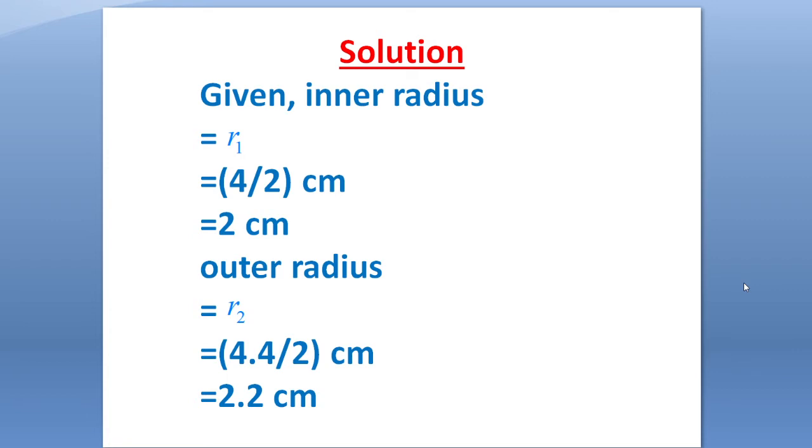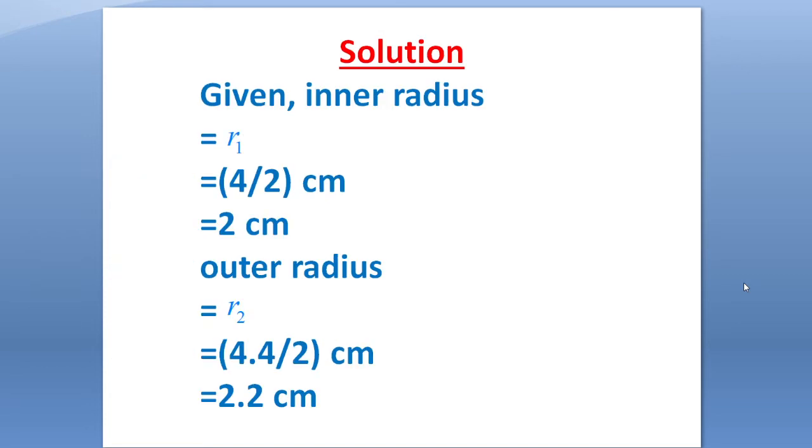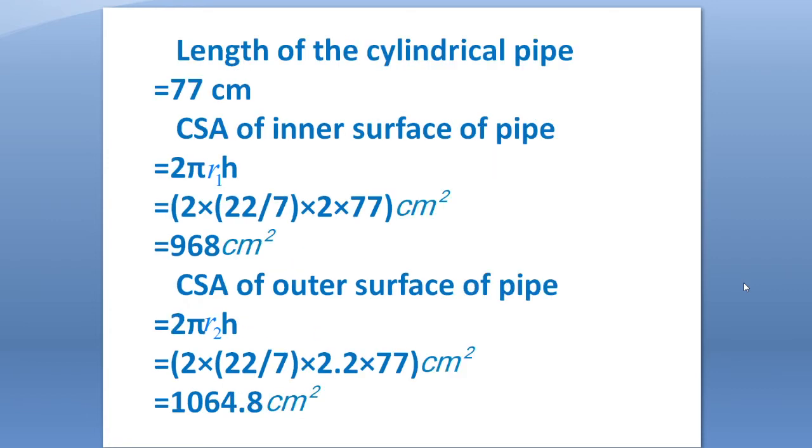Outer radius, say it is R2. So outer diameter is 4.4 centimeter. So 4.4 divided by 2 is equal to 2.2 centimeter. Now length of the cylindrical pipe is 77 centimeter.